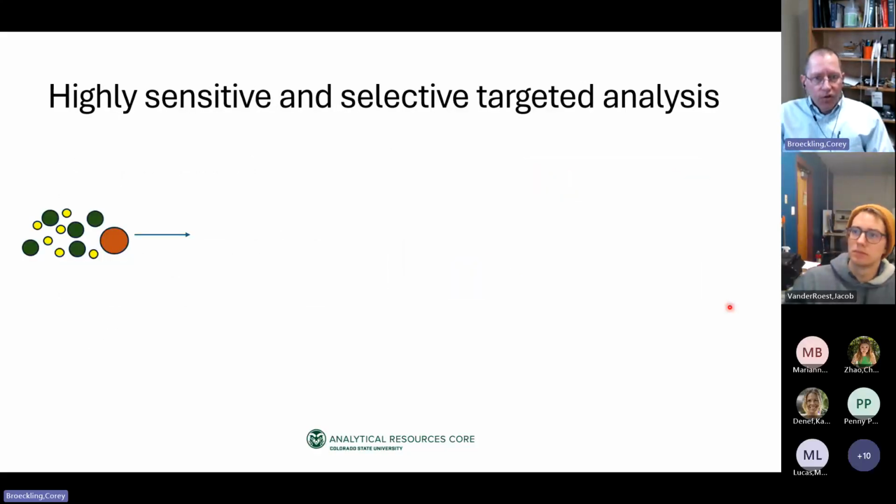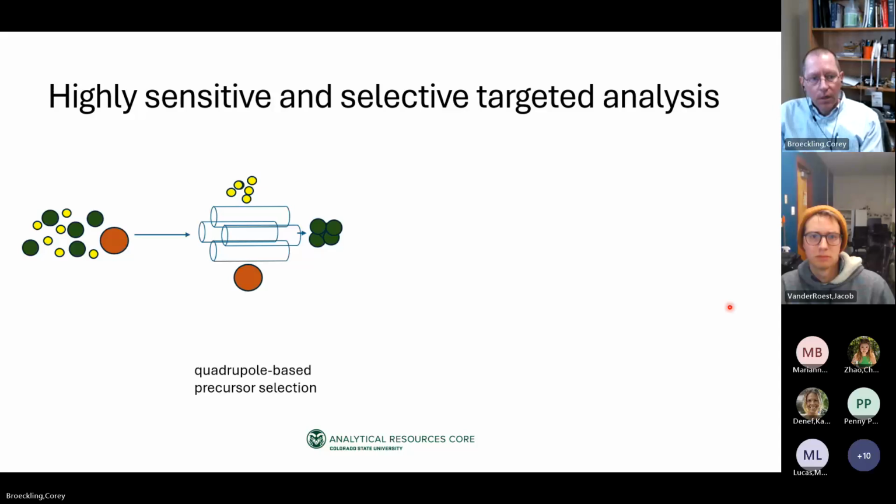The second application that I mentioned is using MSMS in highly sensitive and selective targeted mass spectrometry analysis. In this case, we take that population of ions again, and we use our quadrupole to isolate a particular precursor of interest.